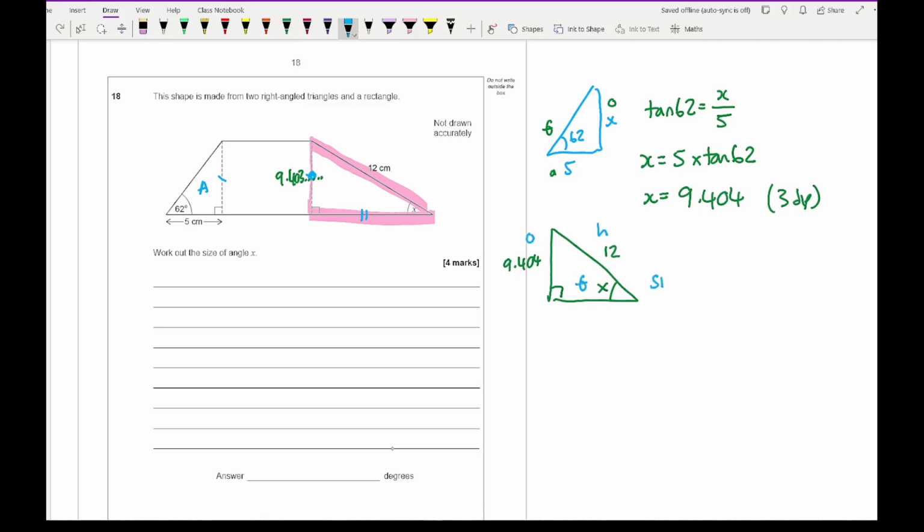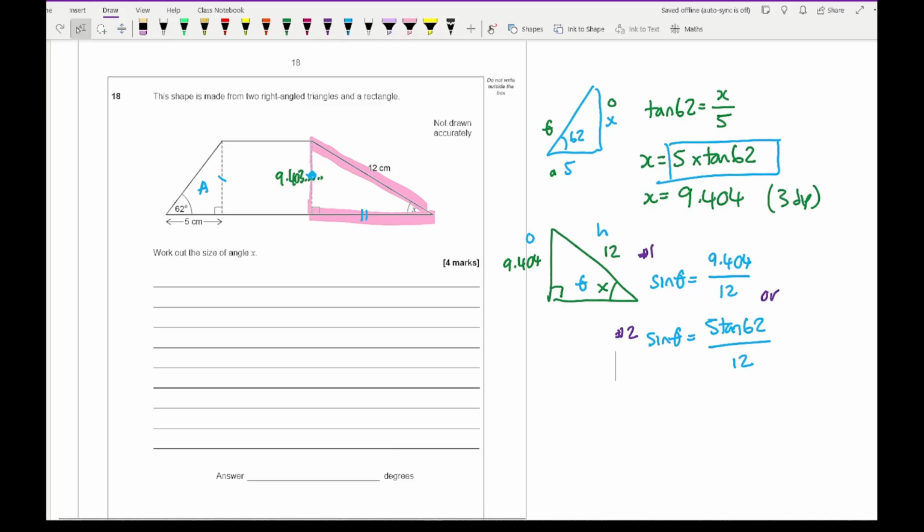So here I've got sine theta equals 9.404 over 12. Now if you really want to be exact, you could use 5 tan 62 over 12 instead, or you could use any of those. Typically most people would go for number 1, but if you want to be really accurate, you can go for number 2.